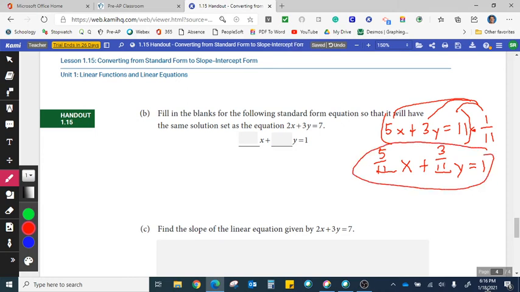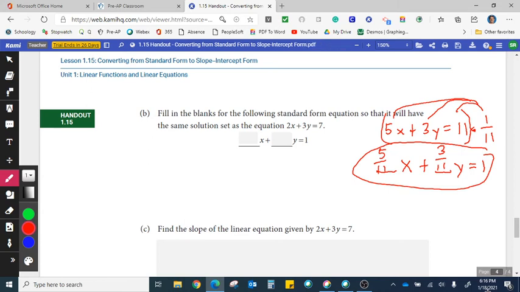So here's the thing. Properties of math, that's what we need to know. If I multiply both sides of an equation by the same thing, it doesn't change the equation at all. That's an important concept. That's the one thing that we're looking for you to understand in this problem.